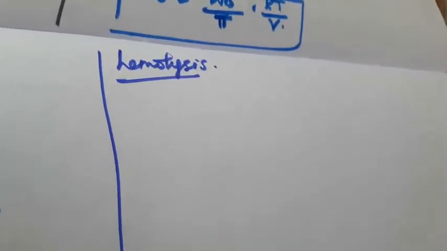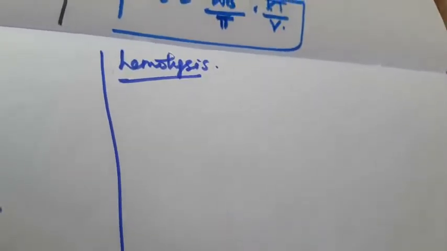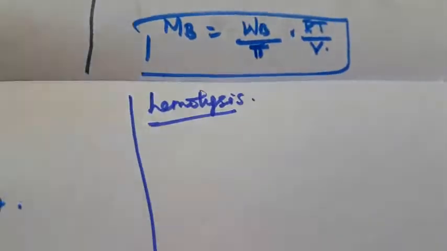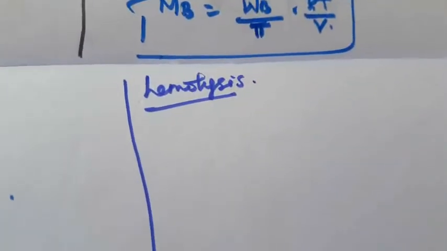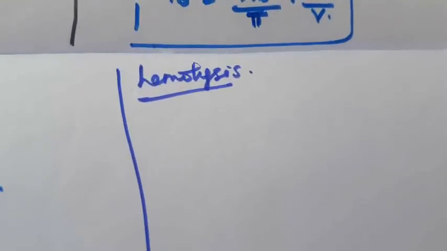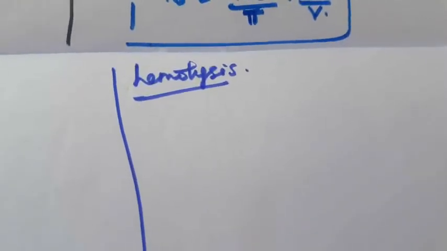That is called hemolysis or coagulation. On the other hand, if the solution is too concentrated, that is hypertonic, the solvent molecules will flow out of the cell, which causes the cells to shrink.